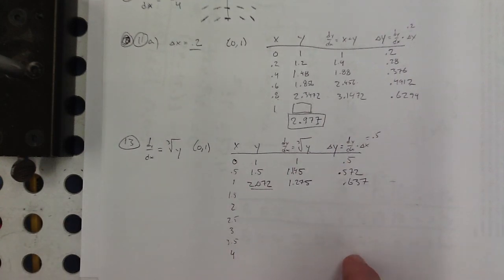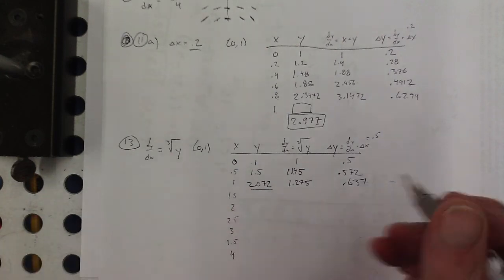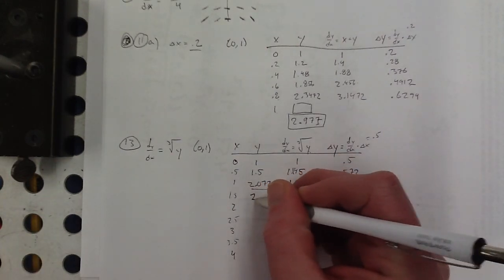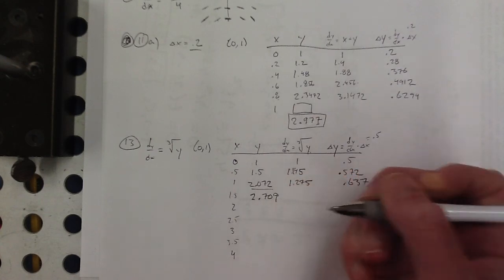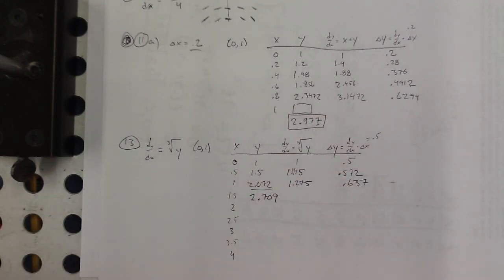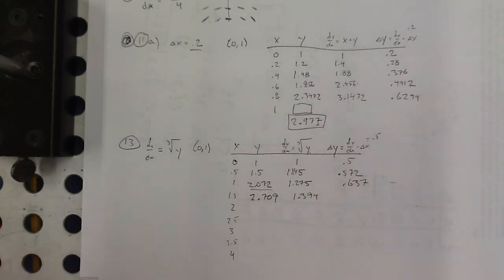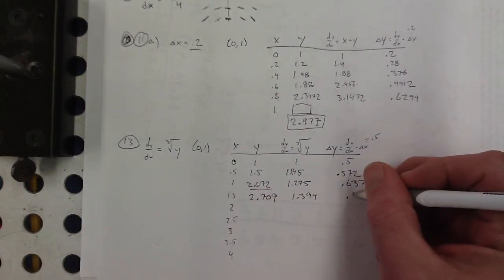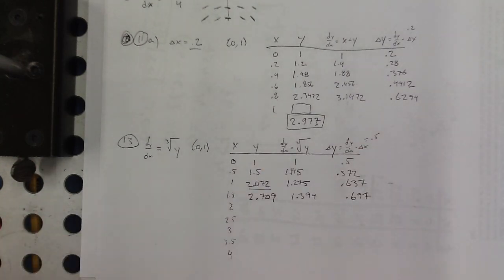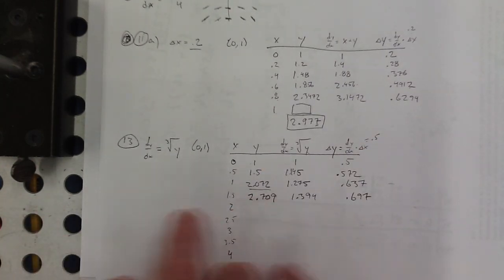We'll see how close we get to the book or to each other by the time we get to the end. All right, I think I'm still okay here. I don't think I messed it up. 2.709. And then I want the cube root of that, and then I need to multiply that by 0.5, and then add that back to this.